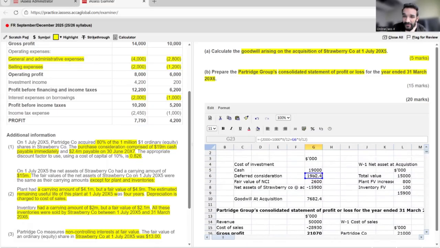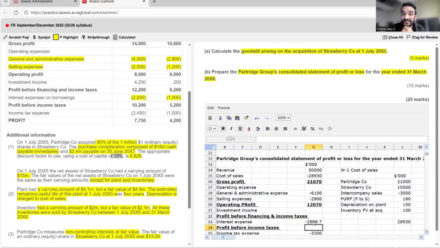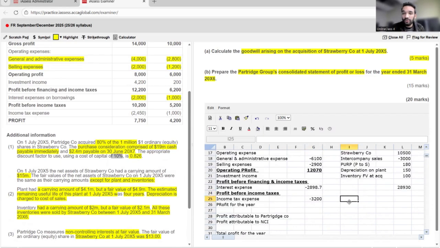This unwinding, the present value of deferred consideration, multiplied by the discount rate, because we have to calculate the unwinding. This multiplied by 10%, right, into the 9 by 12. So see, this is the right calculation. We have to actually add the unwinding, right? So what is the unwinding? That is actually called the interest cost as well.